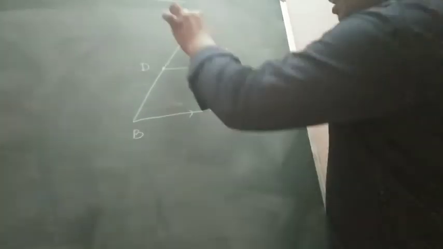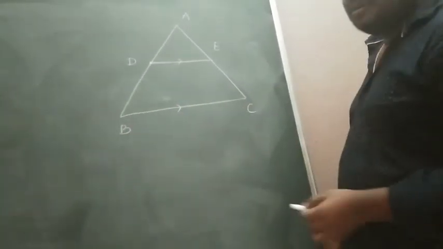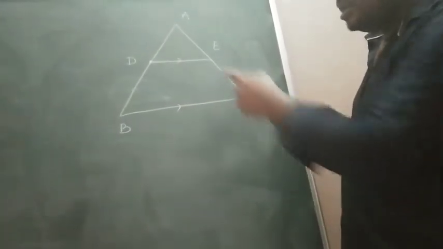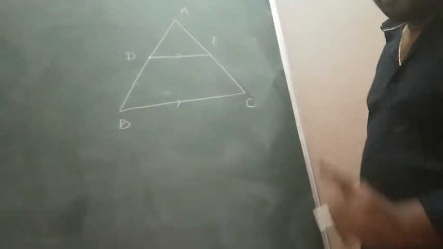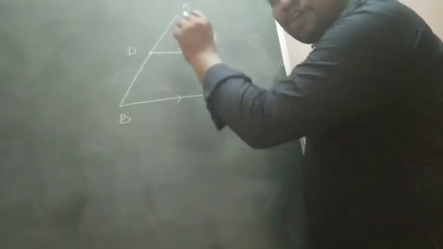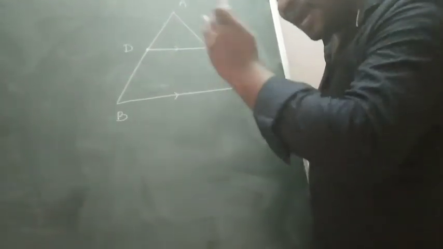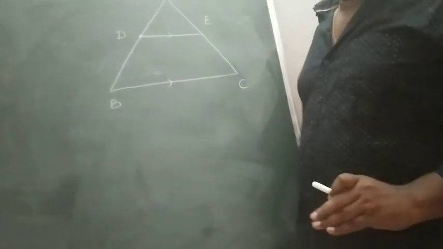That means a line segment drawn through the midpoint of one side, parallel to another side, bisects the third side. Three points are there: we draw the line segment through the midpoint of one side and parallel to the second side, and it will bisect the third side.